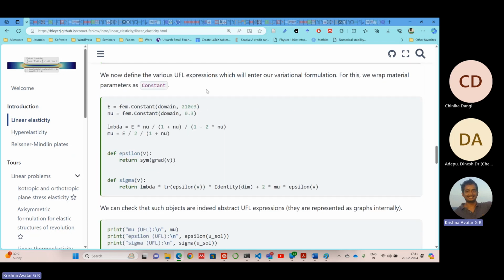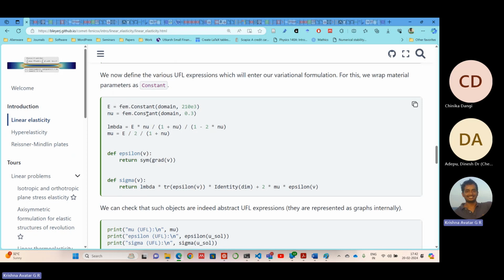And then we'll use the various UFL expressions, which will help us to construct a variational formulation. Since the Young's modulus has to be prescribed throughout the domain, fem.Constant takes two arguments, the domain as well as its value, and nu is our Poisson's ratio.